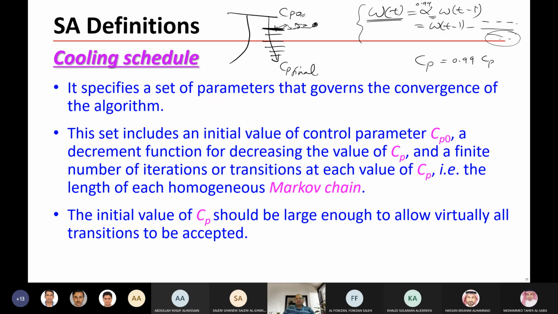If it doesn't change for a long time, then you have reached thermal equilibrium at this level, and you start cooling down the CB by multiplying it by 0.99. So you go to another CB value, where you have the current solution, create trial solutions, accept, reject, accept, reject. If the current solution at this level doesn't change for a long time, you have reached thermal equilibrium at this level, and you cool down again, and so on.